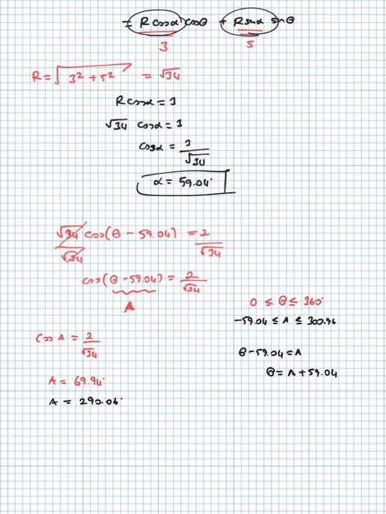So if I add 59.04 to these angles, I will be able to get the theta values. So the first value will come 129.0 degrees, and the other one, if you add 59.04 to this, will come 349.1 degrees. These are the values that we were looking for.